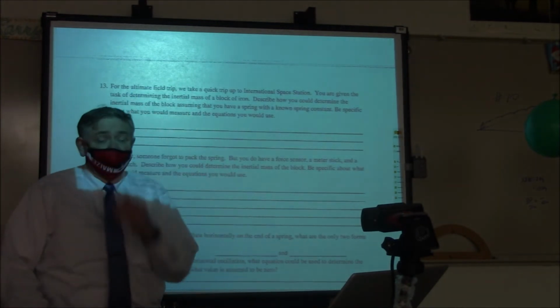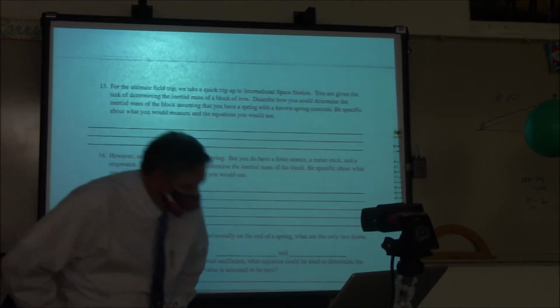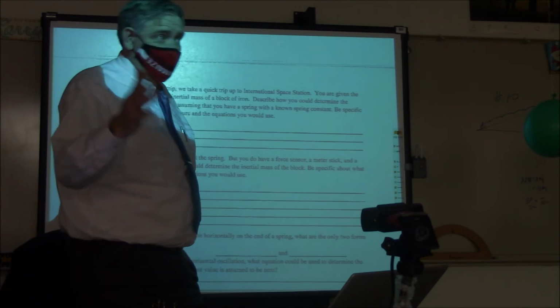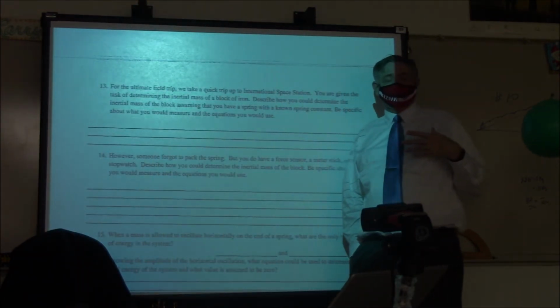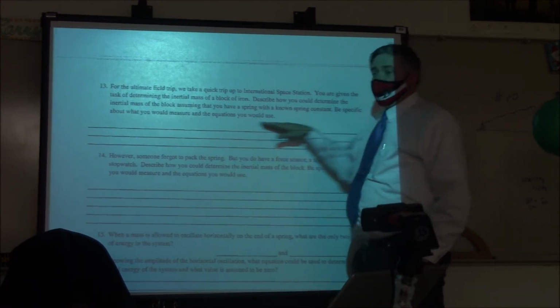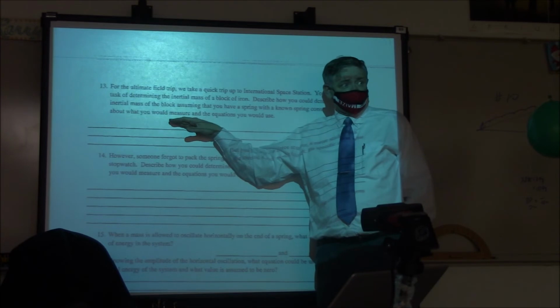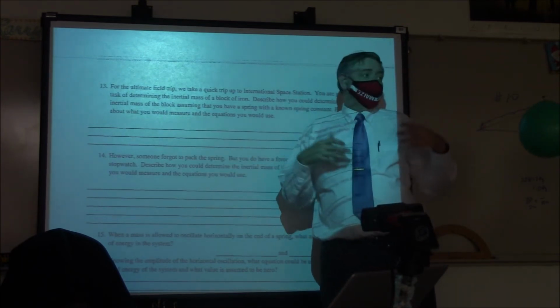So, here's a spring, kind of like the one we made oscillate. When you answer this, look at what I'm asking for. I want you to tell me what equations you're going to use. Are you going to use F equals ma? Are you going to use that equation? What are you going to use?